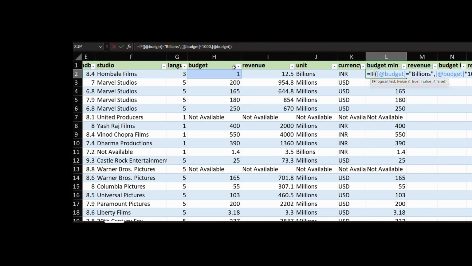If the budget is one, you would multiply it with 1000, and that does not make any sense.